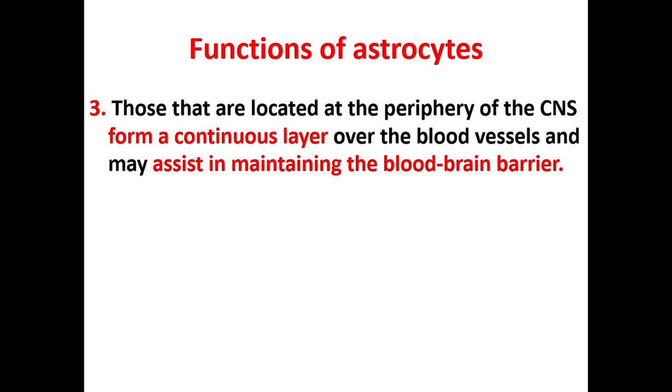The third important function of astrocytes is they are involved in the blood-brain barrier. It is because those astrocytes that are located at the periphery of the central nervous system form a continuous layer over the blood vessel and assist in maintaining the blood-brain barrier.